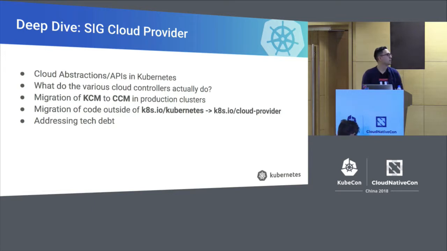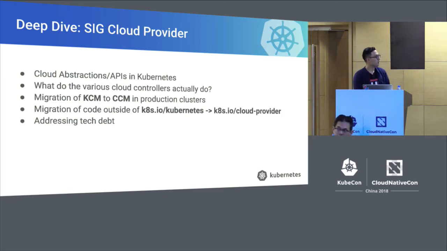In my deep dive tomorrow, I'm going to talk more about what those abstractions are: for nodes, load balancers, and all those things, what abstractions and APIs are we actually building in Kubernetes? What do the controllers that I talked about earlier actually do in your clusters? The migration from the Kube Controller Manager to the Cloud Controller Manager, what is that going to look like?